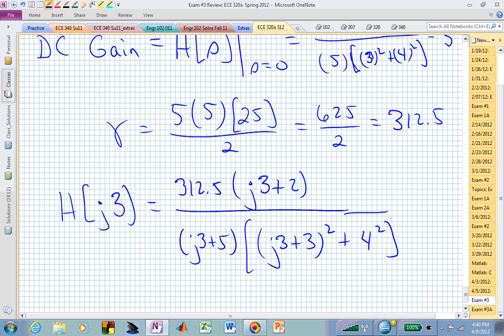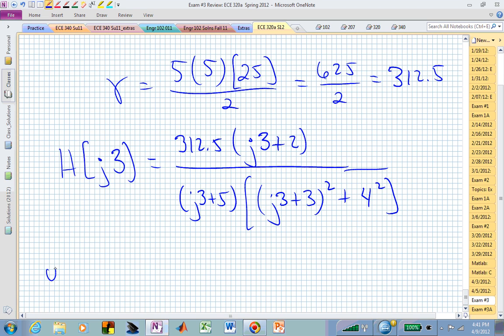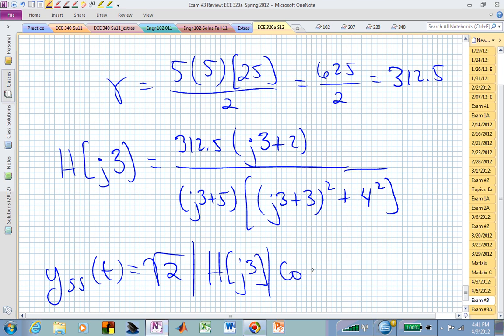That will give you a complex number, and now you take the magnitude of that and the angle of that to obtain the information you need. Is that making sense? And that's now your sinusoidal steady state.